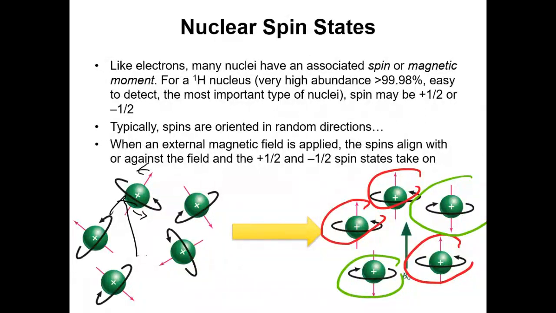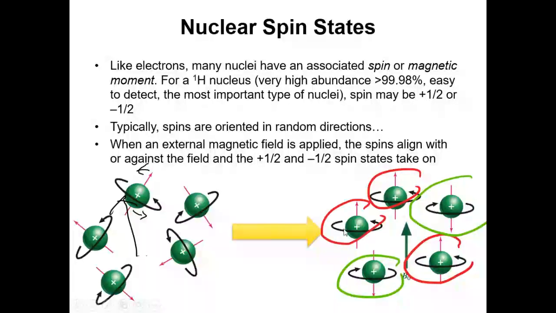Also, if you ever played with two magnets, you know that the parallel situation is more stable. The red one will be more stable than the green one.